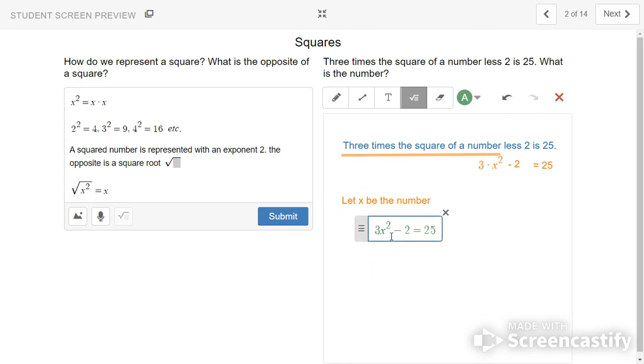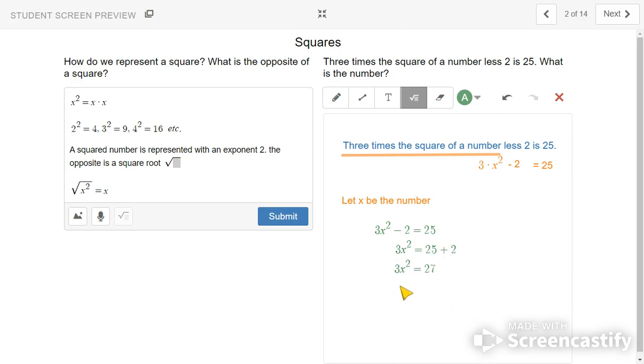The hardest part is setting up this question. But once we've set it up, the division and the solving of this algebraic equation should be fairly straightforward. 3x squared is equal to 25 plus 2. Let's continue to simplify. 3x squared is equal to 27.